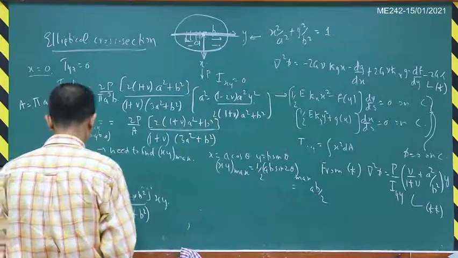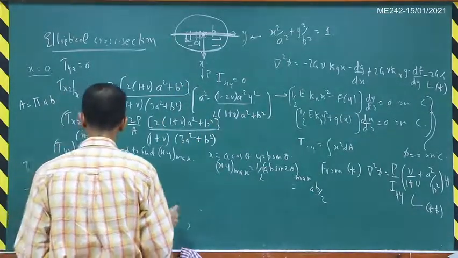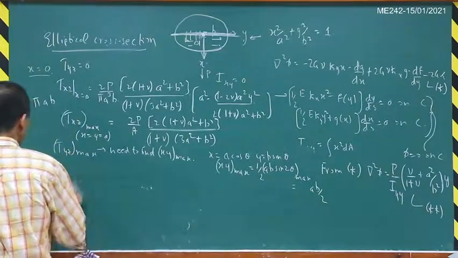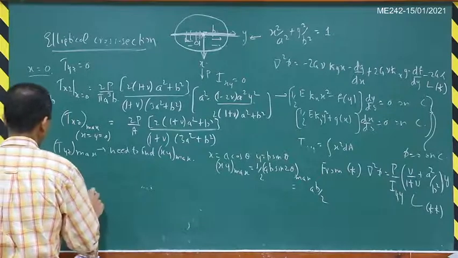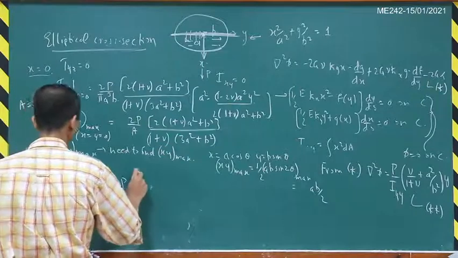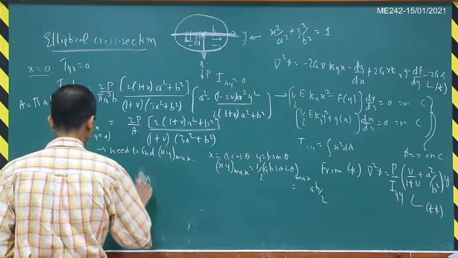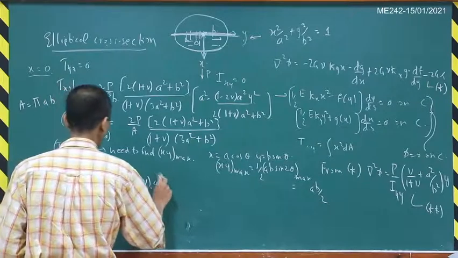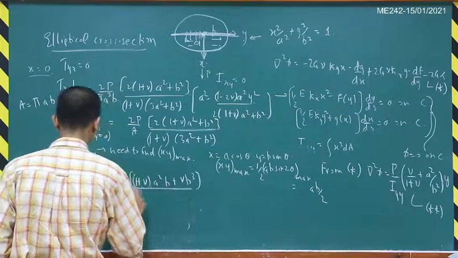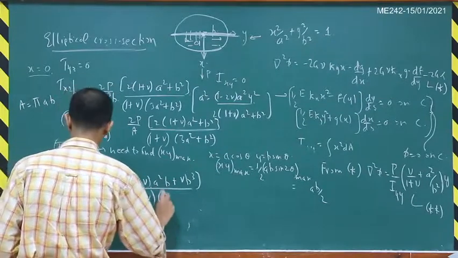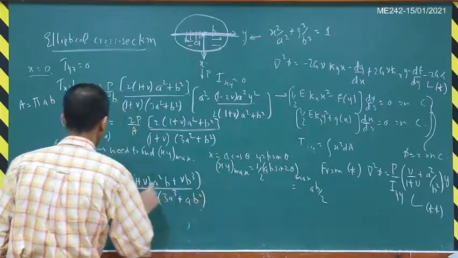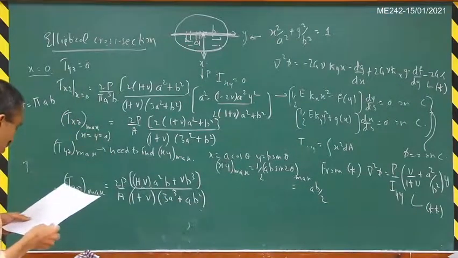If you substitute that, then tau yz max is equal to 2P divided by A times 1 plus mu times a square b plus mu b cube divided by 3 a cube plus a b square. This is the expression that you will get for this one here.